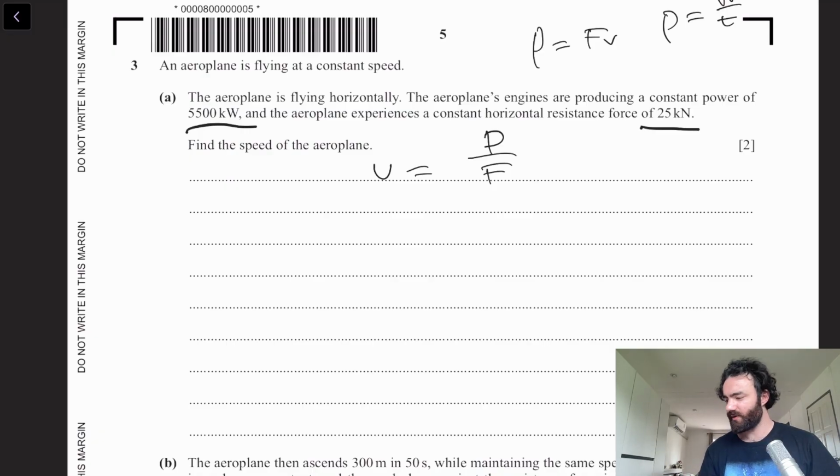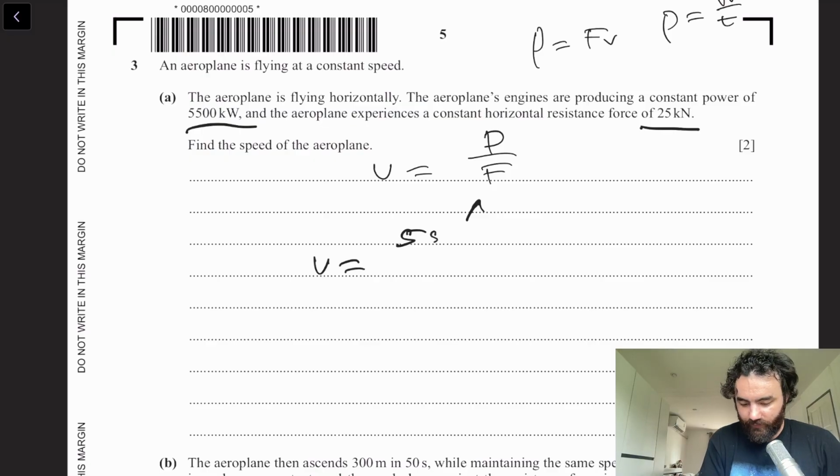Am I crazy? Isn't it just that? It seems so easy. I guess it's just that. Yeah, because this is the resistance force that it's overcoming, so it's the driving force it's overcoming, and this is the power the engine's producing. So I guess velocity just equals 5,500 K. I don't understand why that's 2 marks.